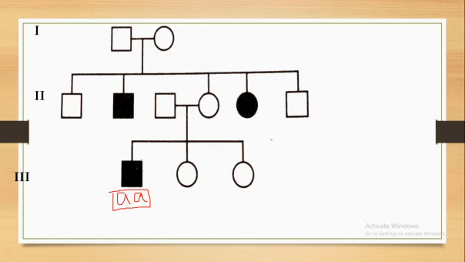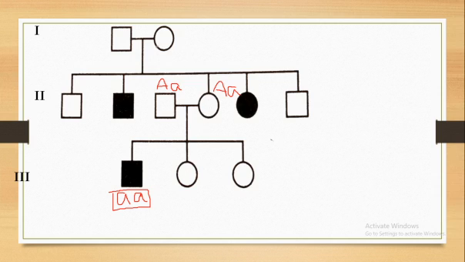So what are his parents? His parents, as they are without the trait, means they are with the dominant form of the character, but heterozygous. Why heterozygous? Because they produced a child who is recessive.